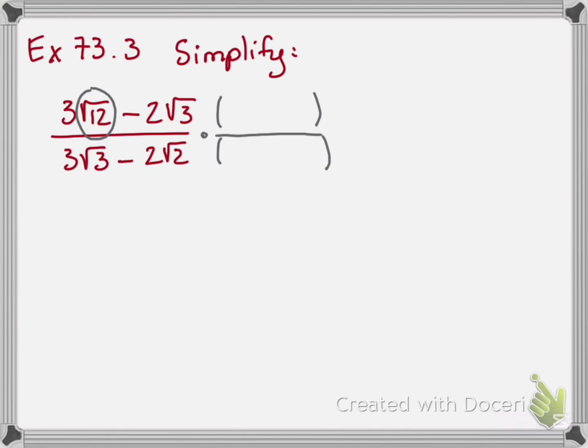So in this case, the conjugate of the denominator is 3 square root of 3 plus 2 square root of 2. Now you have to be very careful because there are so many radicals that you can get confused. So make sure that you're copying correctly. Again, remember that we don't care about what is in the numerator. What we care about is the conjugate of the denominator.